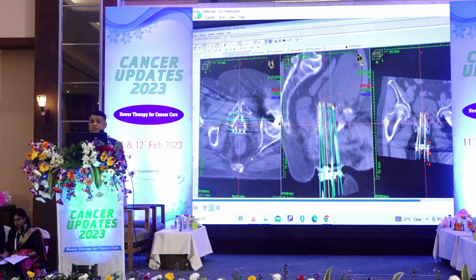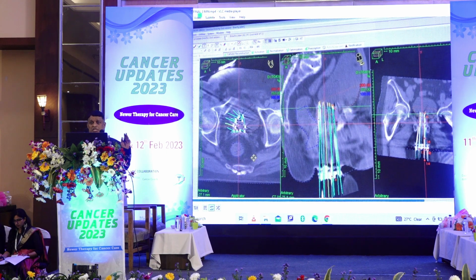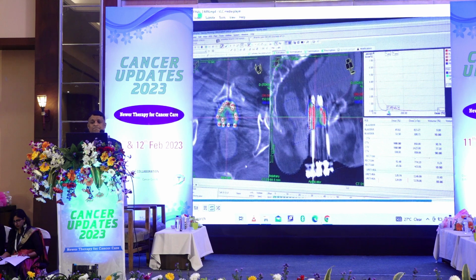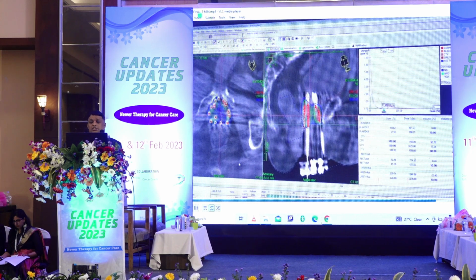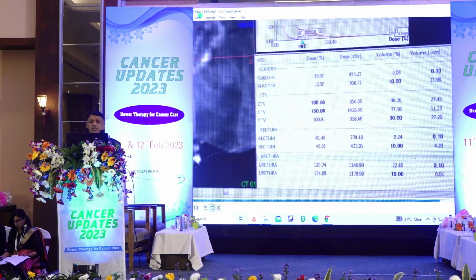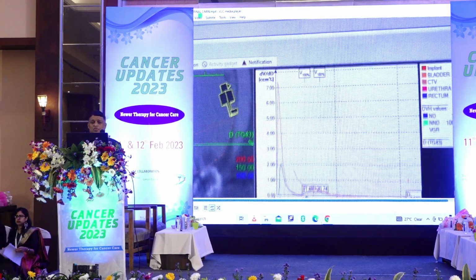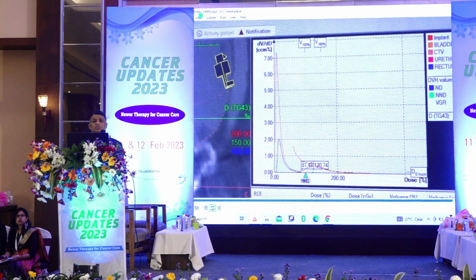And we evaluate the plan properly based on the defined constraints and the coverage details. And if there is any issue, we always try to optimize it. We do the geometric optimization. And then the patient is taken for treatment.